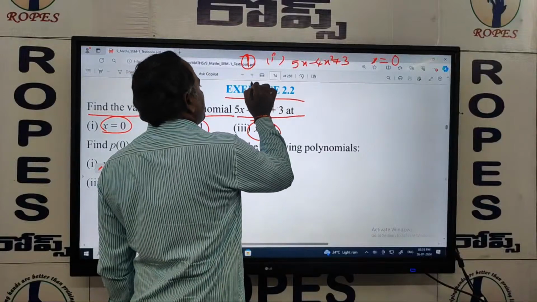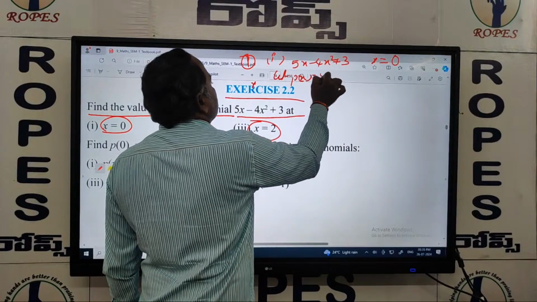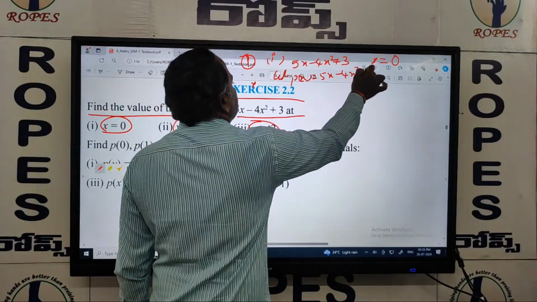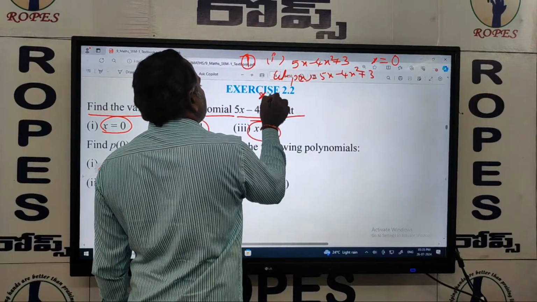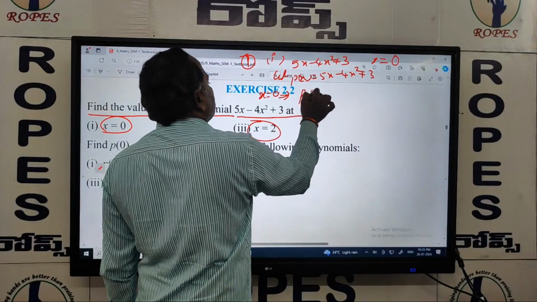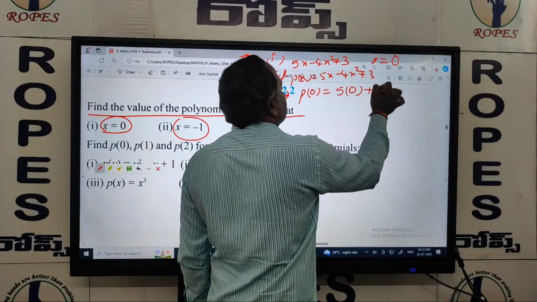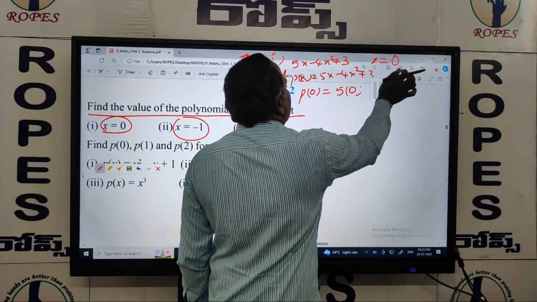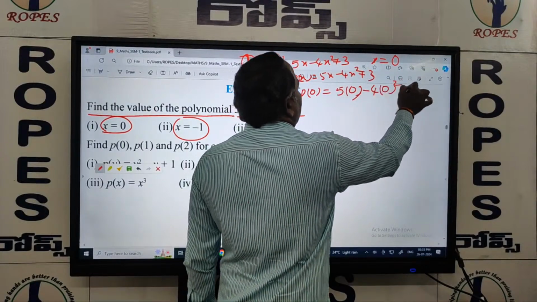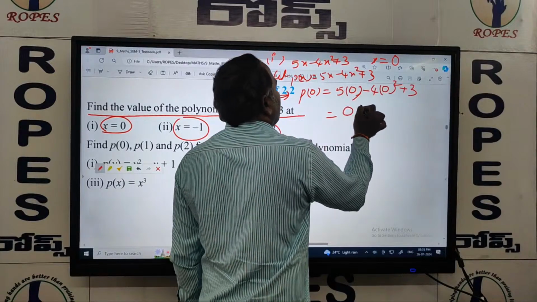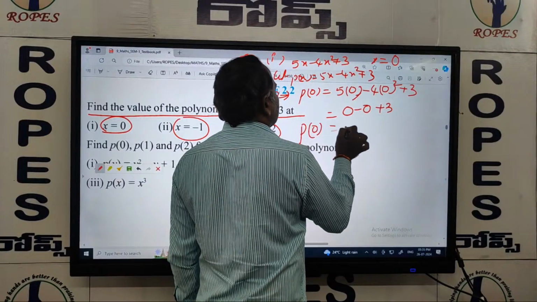So if you substitute, let p of x is equal to 5x minus 4x square plus 3, then x is equal to 0 implies p of 0 is equal to 5 into 0 minus 4 into 0 square plus 3, then 0 minus 0 plus 3, then p of 0 is equal to 3.